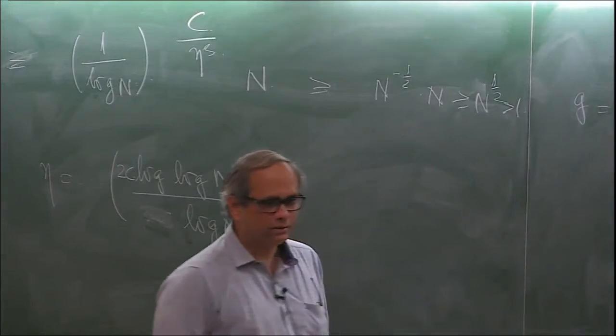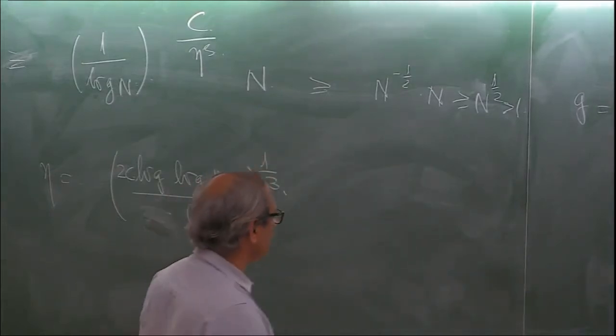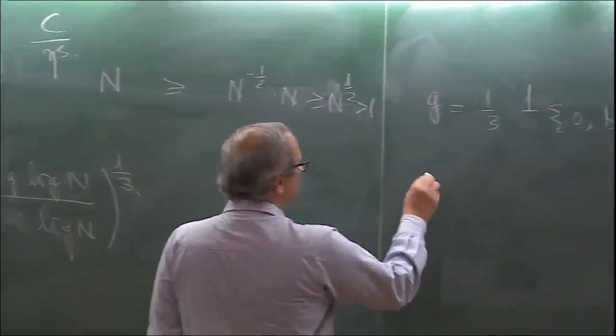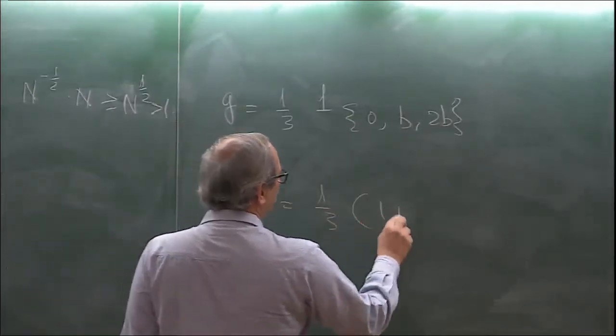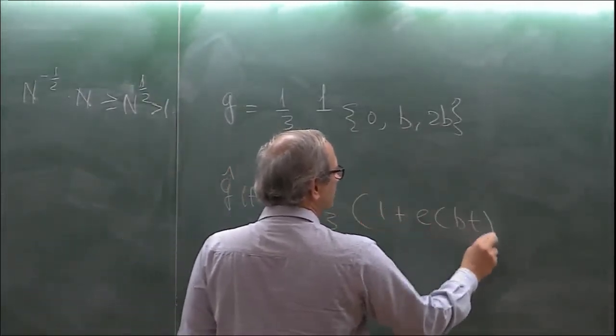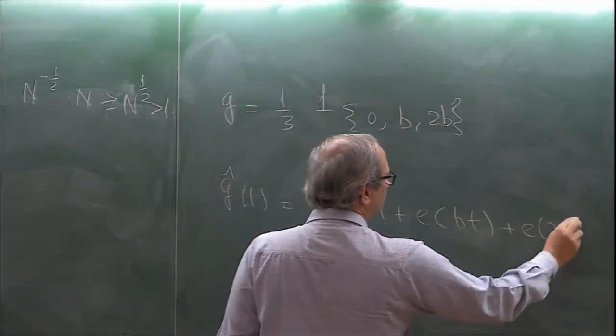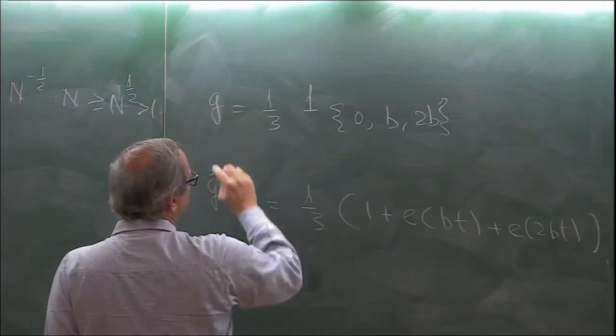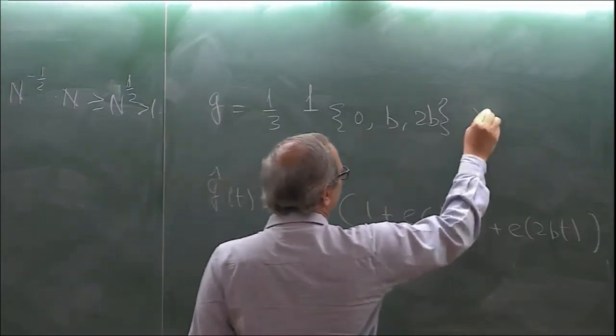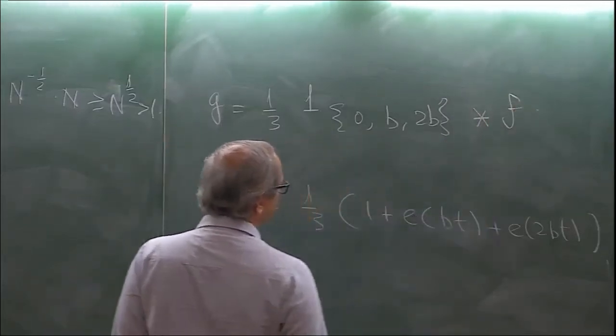You take g to be this, then you know that g hat t is 1/3 of 1 plus e(bt) plus e(2bt). H should be this. So this convolution with f is g.